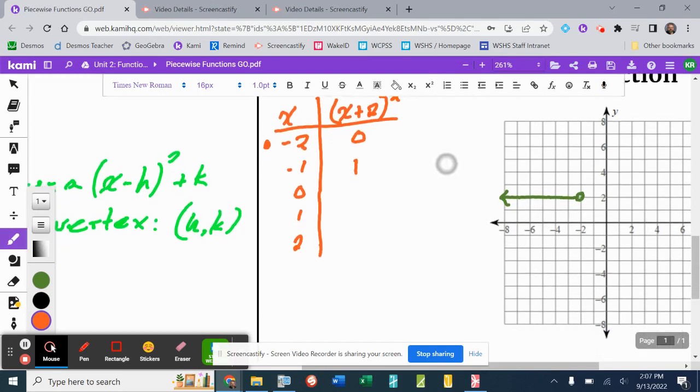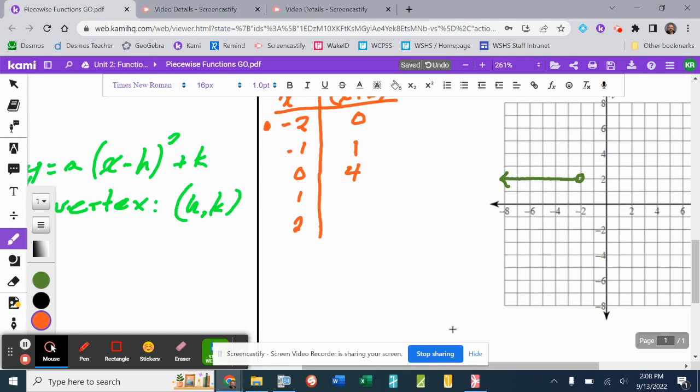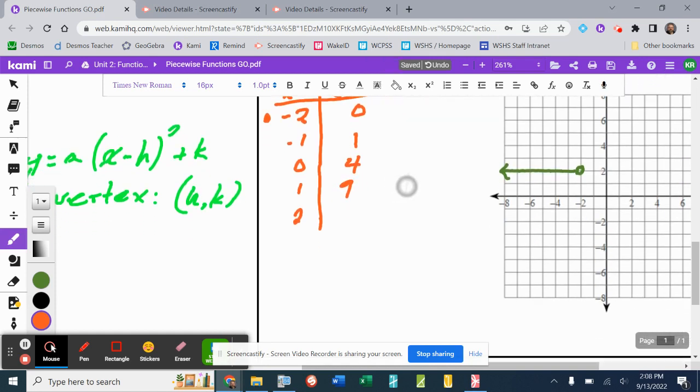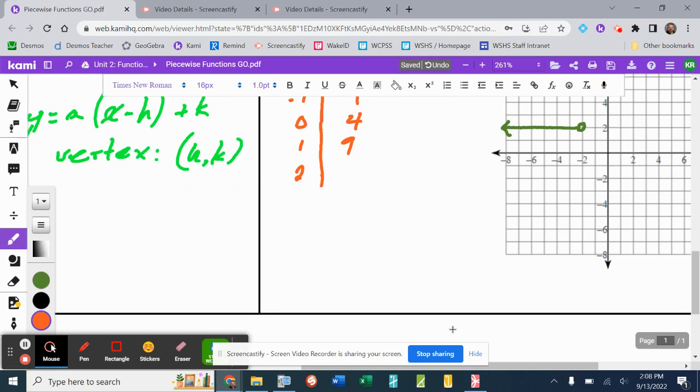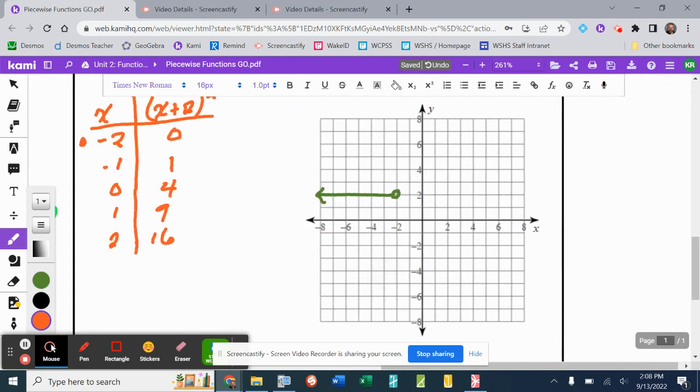And so we have 0 plus 2 would be 2. 2 squared would be 4, so that one would be 4. I have 1 plus 2 is 3. 3 squared would be 9. And then 2 plus 2 would give me 4. 4 squared would be 16. And that's going to be off the top of our graph. So we're not going to end up graphing that last point. But this gives us plenty of points to be able to sketch the second piece of our graph.